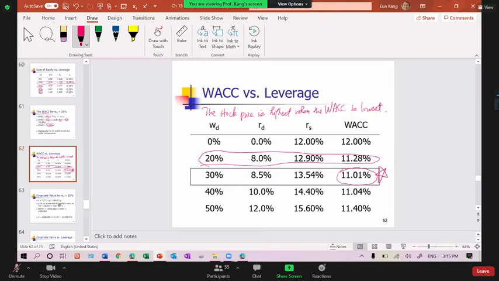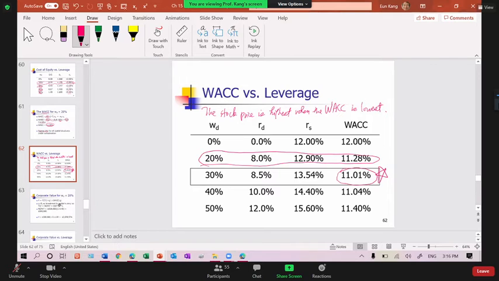Be careful, this can be on the exam, there's multiple choice. Stock price is highest when the WACC is lowest. Stock price is highest when RS is lowest, wrong. When RD is lowest, wrong. The stock price is highest when the WACC is lowest.